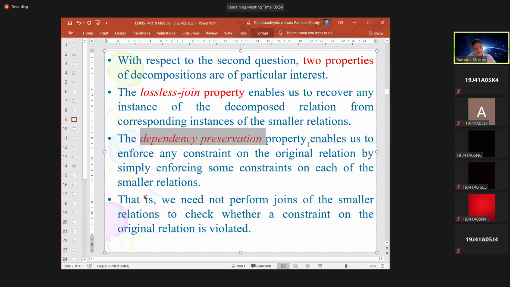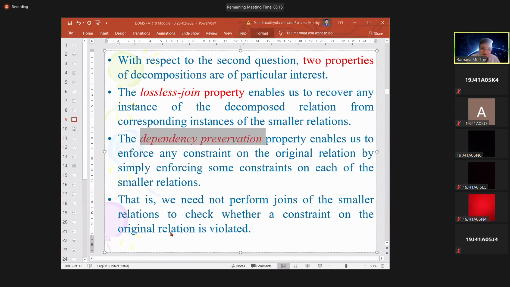For identifying the integrity constraint violations, we can't use one table with another table and join using the join conditions. The integrity constraint violation is checked simply in the small table itself.